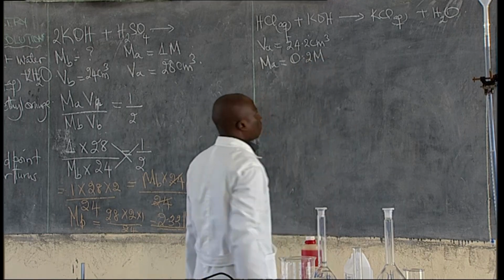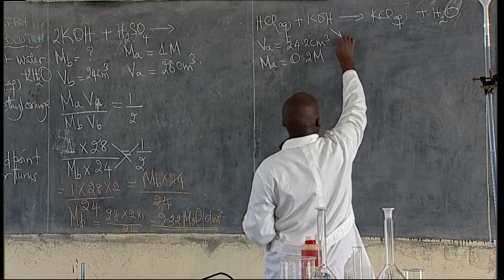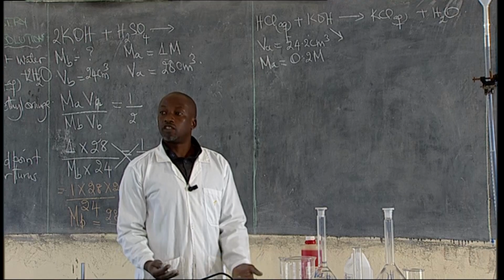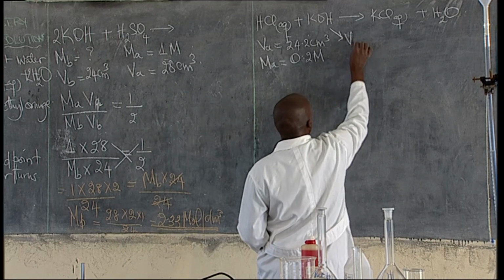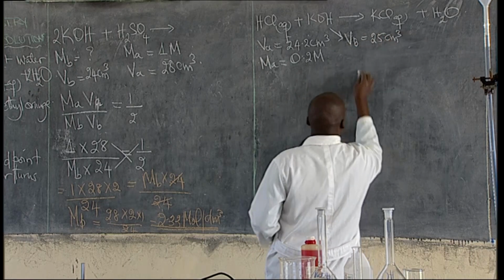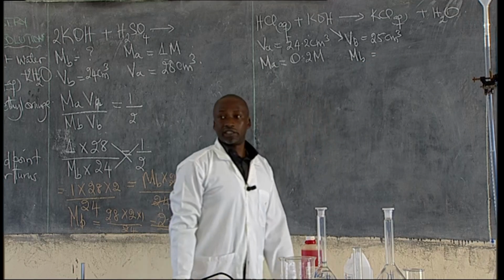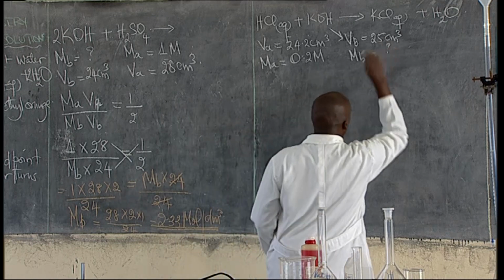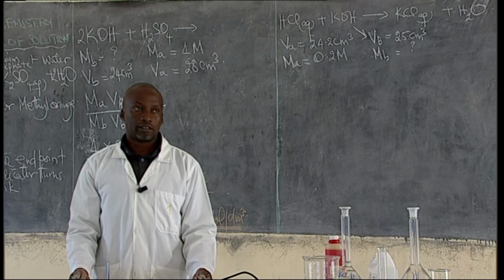What is the volume of the potassium hydroxide? 25 cubic centimeters. That is what is given. So the volume of the base, 25 cubic centimeters. The molarity of the base, that is what is asked. What is the concentration of this solution? The concentration is the same as molarity.